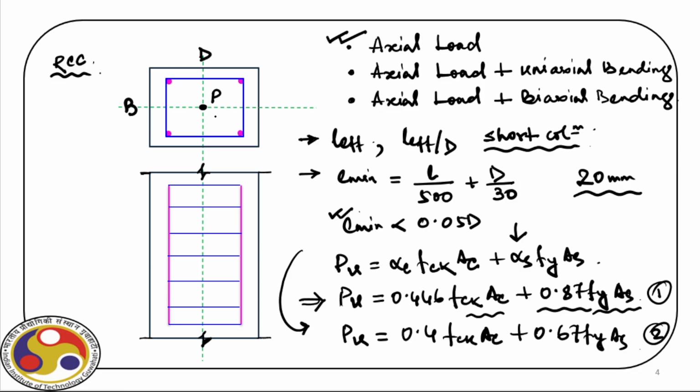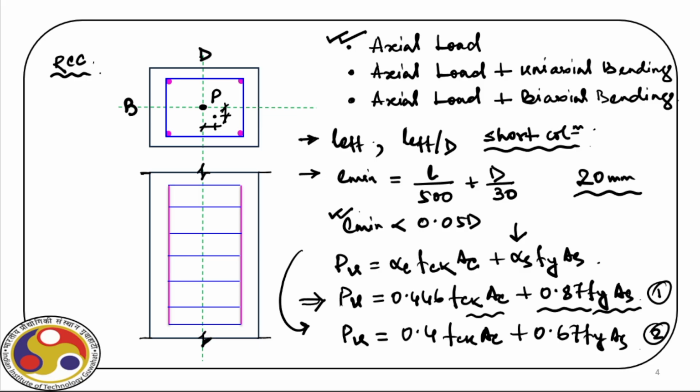The minimum eccentricity is provided on either side of the column along X and along Y, and accordingly we design.